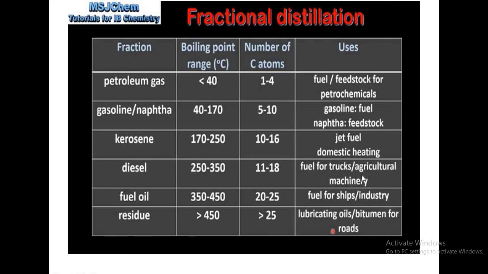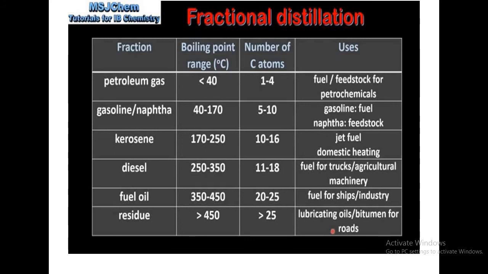Diesel can be used as fuel for trucks or agricultural machinery, like the heavy types of vehicles can be run, or the machinery can be run by using diesel. Fuel oil is the fuel for ships and industries, and then the residue is used for making roads, which we usually call bitumen as well.